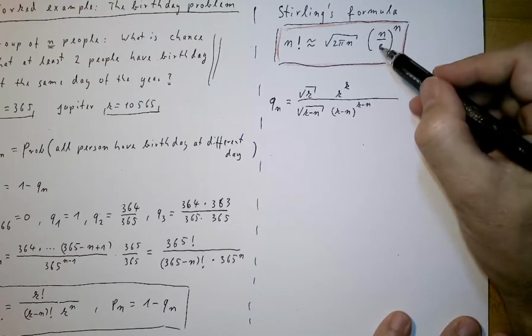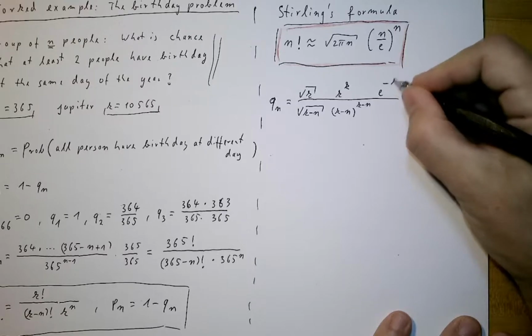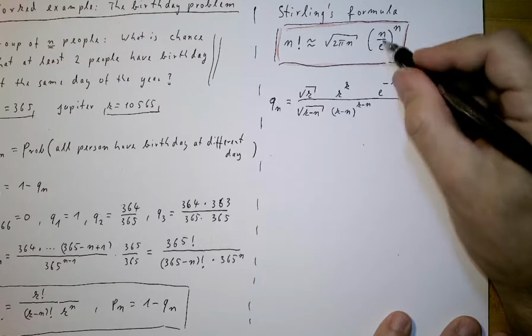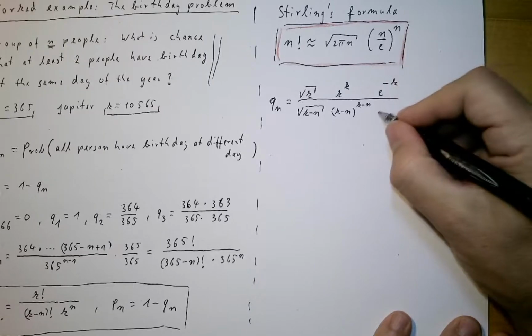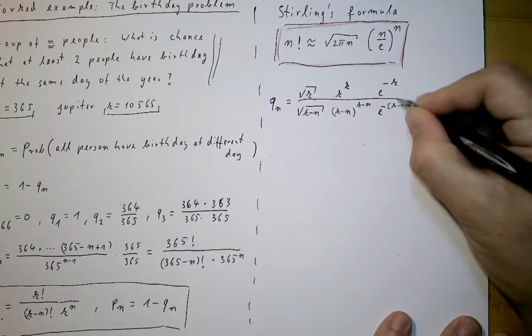This was this. Now we take the e factors, e to minus k. We need minus because this e here is in the denominator, and then e to minus k minus 1.